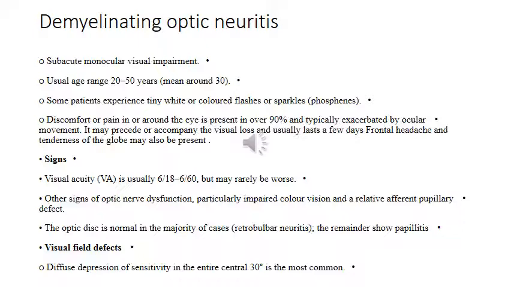These are the symptoms relating to the visual acuity decrease. What about other signs? We have certain signs of optic nerve dysfunction, which are impaired color vision, impaired contrast sensitivity, and relative afferent pupillary defect. This is a type of pupillary examination specific for optic neuritis. We call it relative afferent pupillary defect.